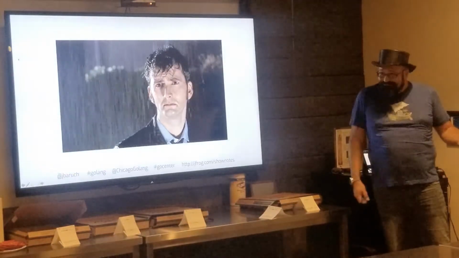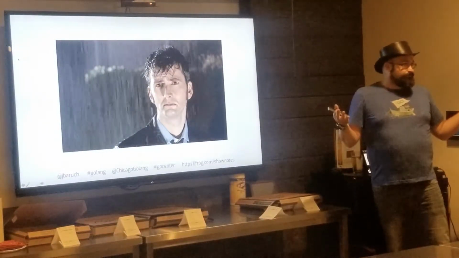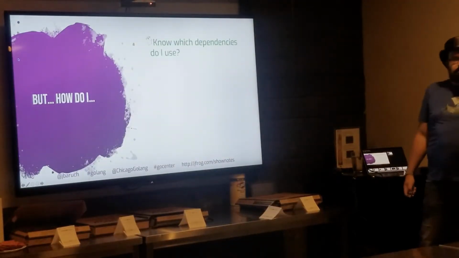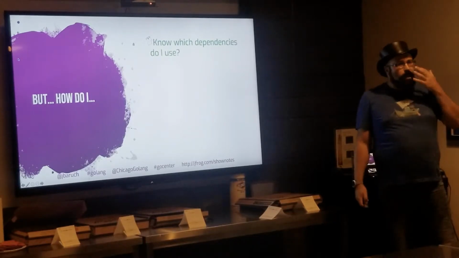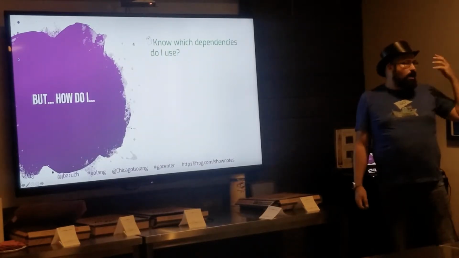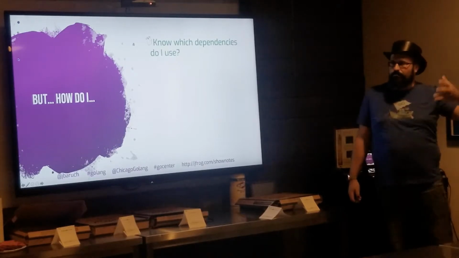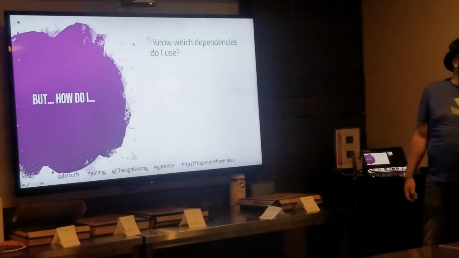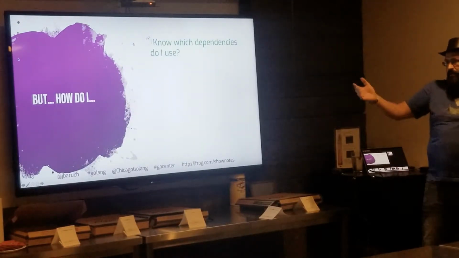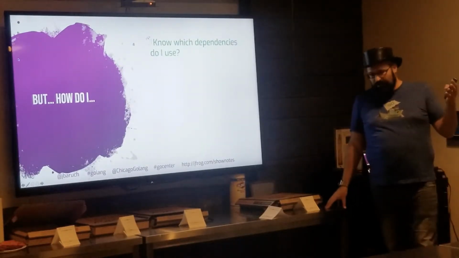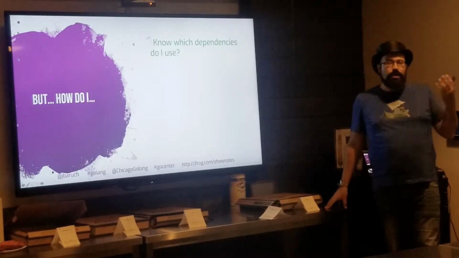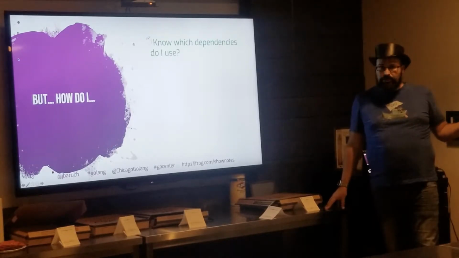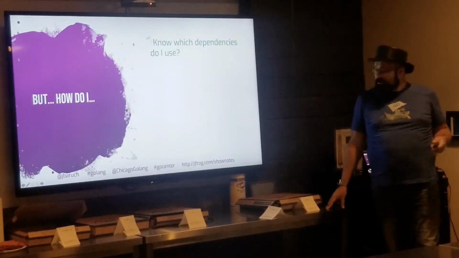Which is great, but not perfect. It's not perfect because how do I know which dependencies I use? I mean, I have a source tree in which there are folders, directories. At best, I can remember which directories are mine and which directories are third party. Probably if I follow the naming convention in my version control, I will be able to distinguish between code that is written in my organization and code that is written outside of my organization.